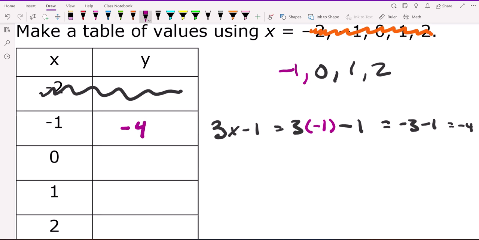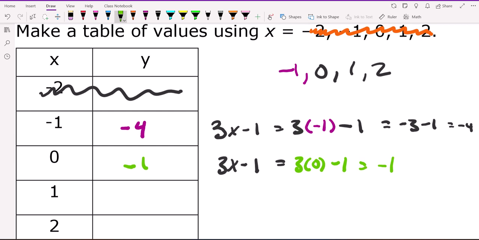Okay? Next time around, we stick 0 in. Can you do it in your head? What should the answer be? -1. You stick 0 in, 3 times 0 is 0, minus 1, -1.